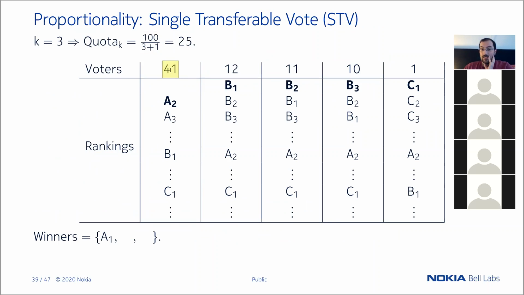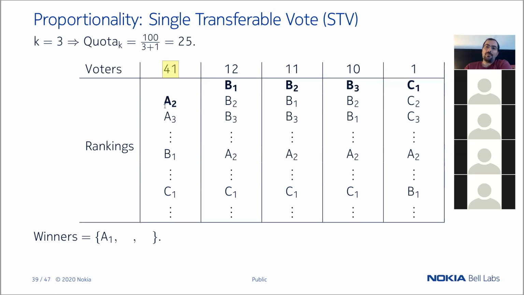These guys are happy, so I remove 25 voters of this type to take into account the fact that these guys are already satisfied. But I will not remove all of them. I will keep 41 voters of this type. And these guys now vote for A2, which is their second best candidate. So A2 now has the quota.